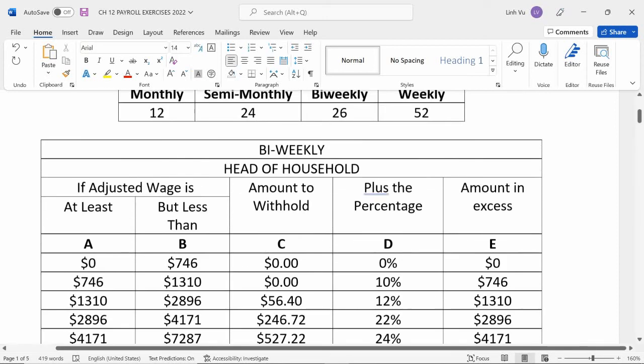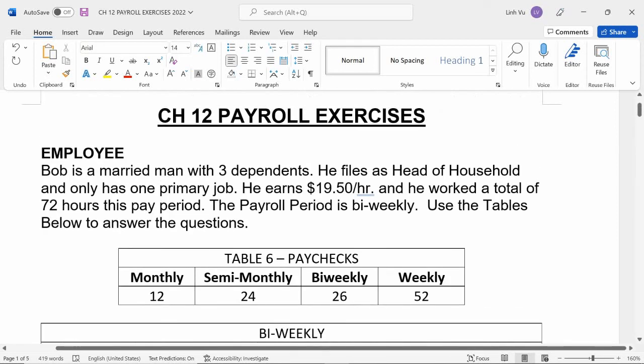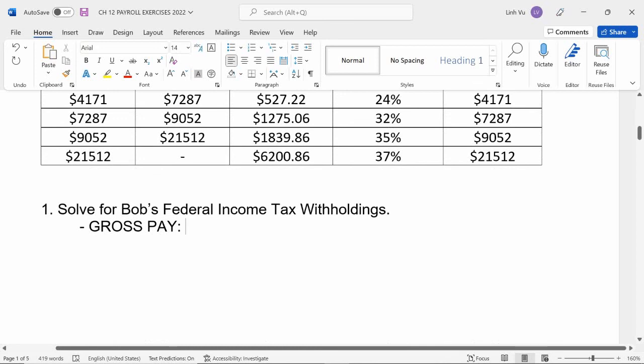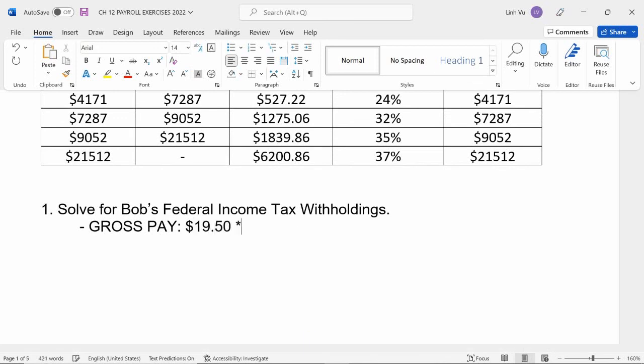In this case, he earns $19.50 and worked a total of 72 hours. So we have $19.50 times 72 hours, giving us a grand total of $1,404.